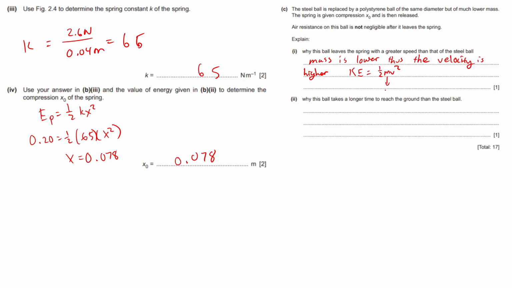In this case, I use the kinetic energy explanation where the mass is lower, but there's going to be a higher velocity because the kinetic energy is the same.